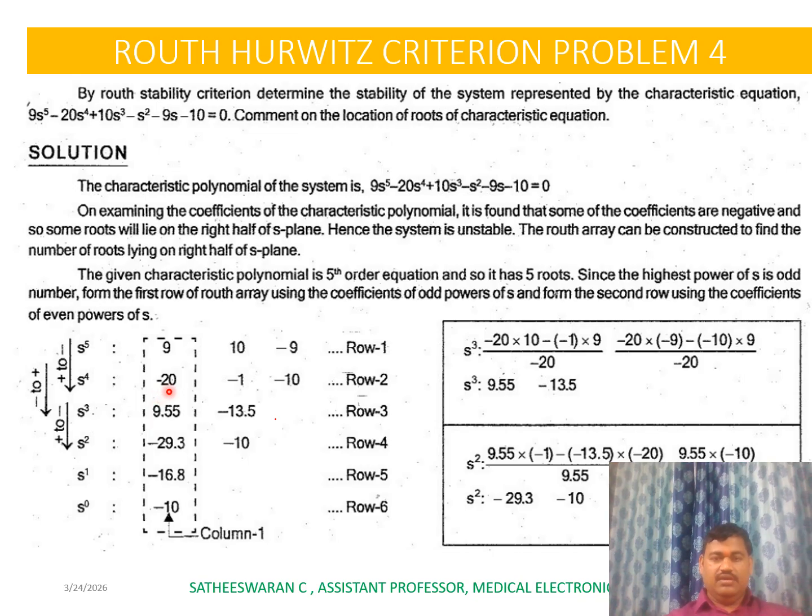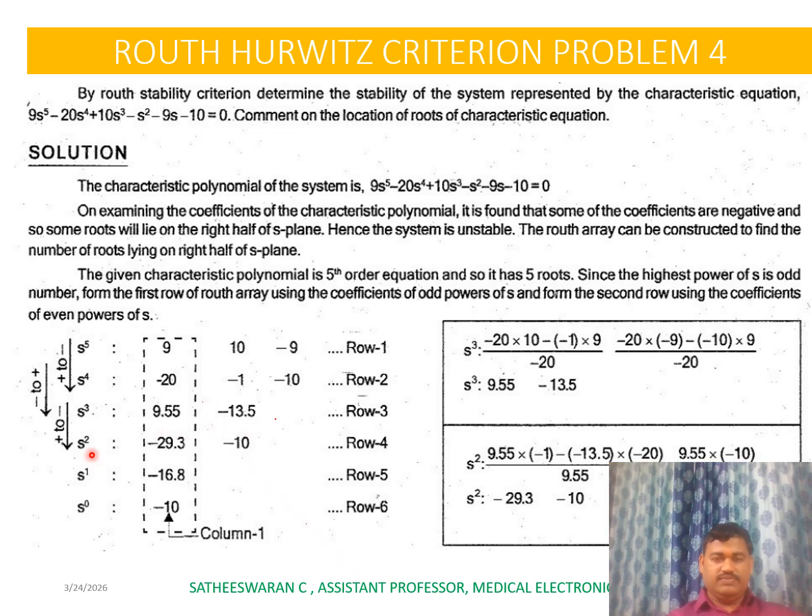This can be calculated using minus 20 into 10 minus 9 into minus 1, divided by minus 20, value 9.55. Similarly, the next one: minus 20 into minus 9 minus 9 into minus 10, divided by minus 20, which is nothing but minus 13.5. So we write s power 3 as 9.55 and minus 13.5.